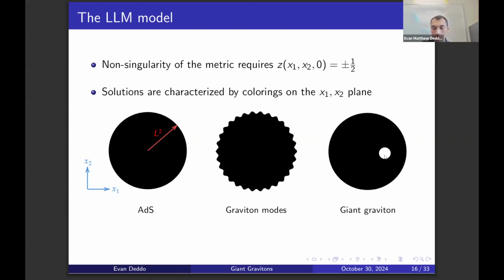I would think of it as still being related, just because you mentioned the multiple wrappings of D3 branes. So this goes back to this area quantization, that one single giant graviton D3 brane in this fully back-reacted picture would just correspond to a little hole, like one quantum of area missing.